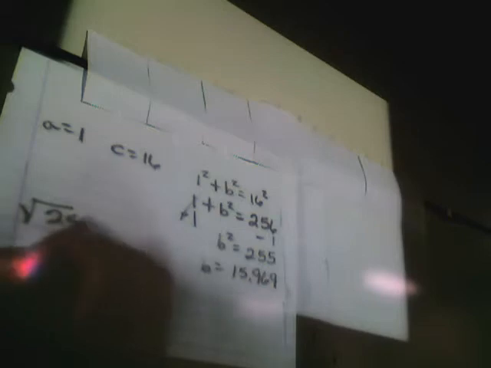So you have B squared equals 255. Square root of 255 is 15.969. And your answer on your sheet will look something like this: square root of 255, and approximately 15.969. If you get to here, and it's the only one, you don't actually have to do the square root part.